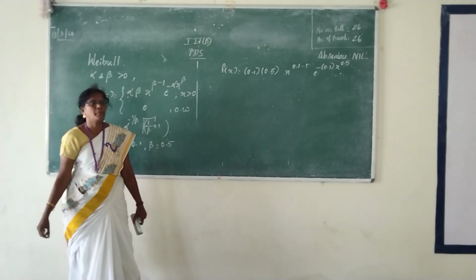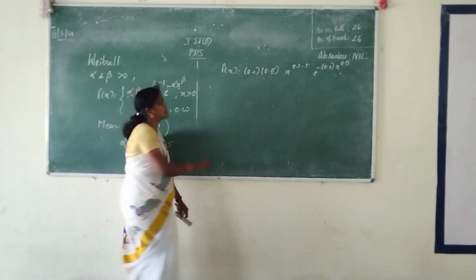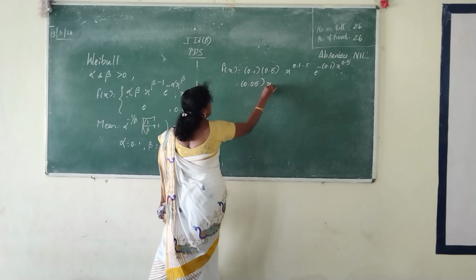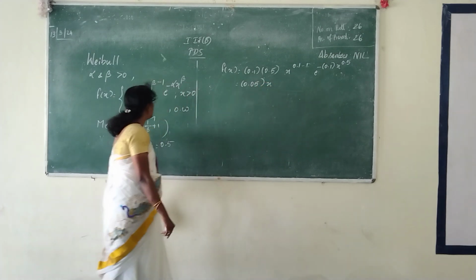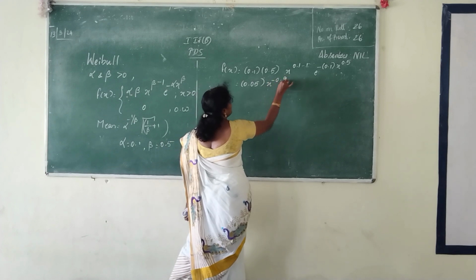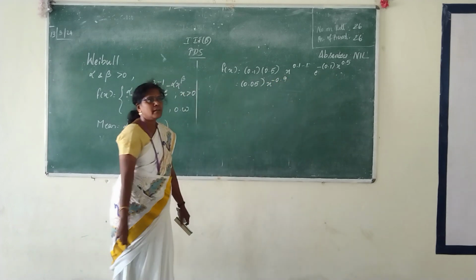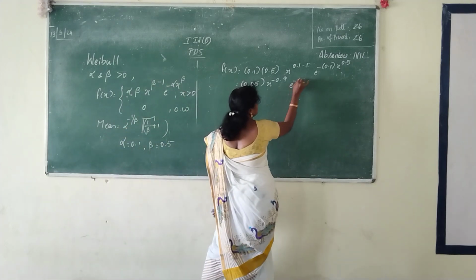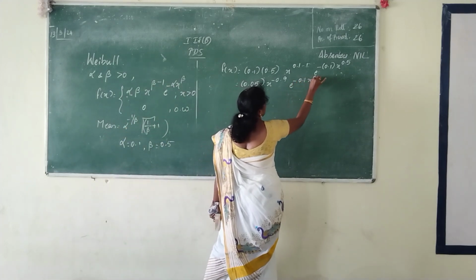What is 0.1 into 0.5? 0.05. x power 0.5 minus 1 is minus 0.5. What about the others? Correct or wrong? Yes. So e power minus 0.1 into x power 0.5.